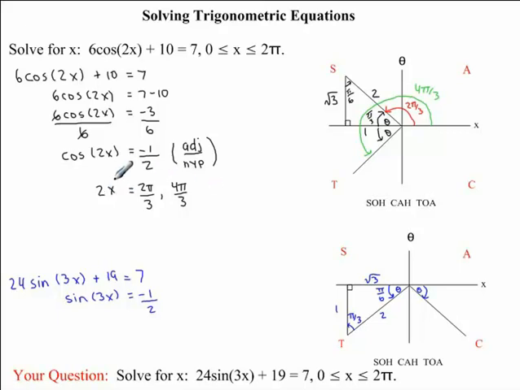Lastly, we need to isolate for x, which means that we need to get rid of this 2. To do that, we're going to divide the left-hand side of our equation by 2 along with the right-hand side.